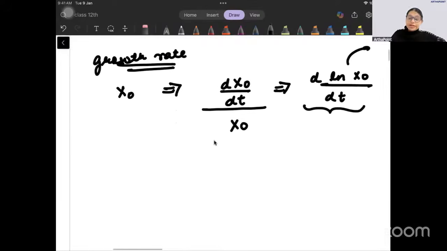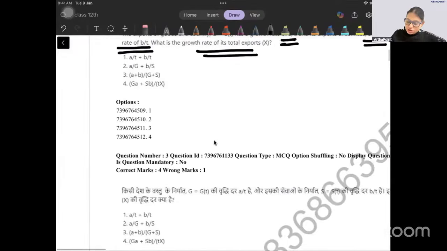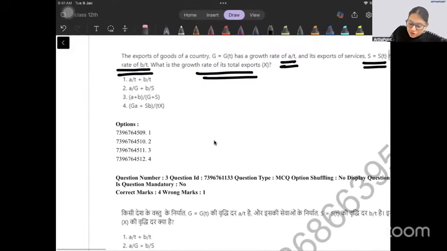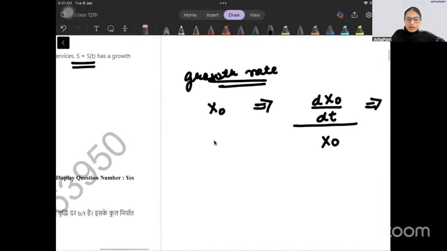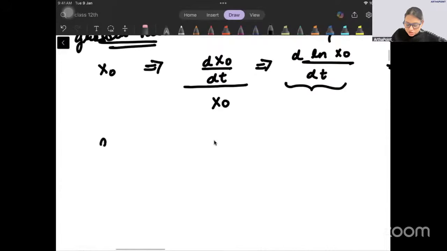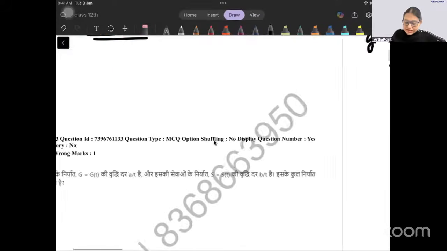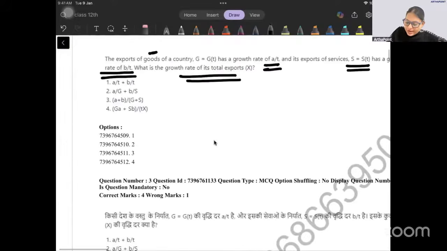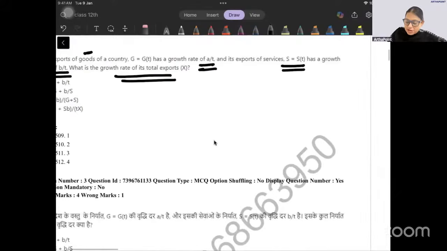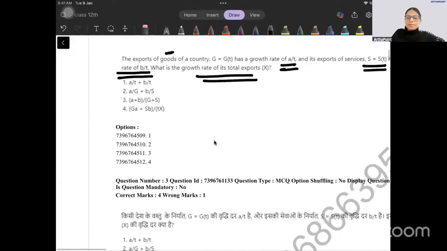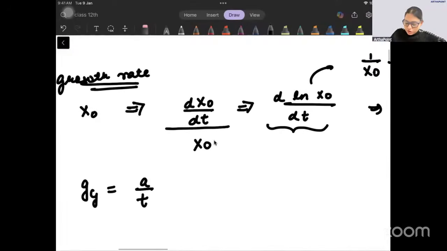Okay. Now the question mentions that the growth rate of the goods is a by t, right? And how do we write the growth rate of goods? Suppose this growth rate of good is a by t, and the growth rate of export of service is b by t.